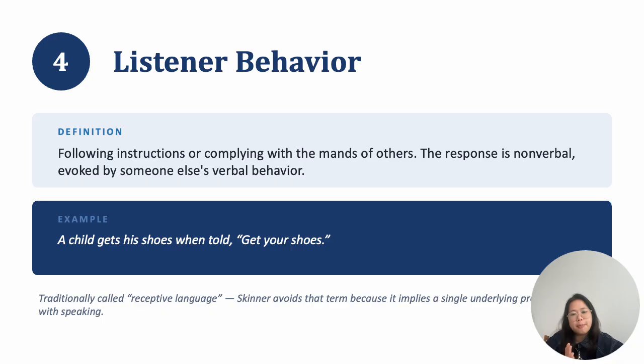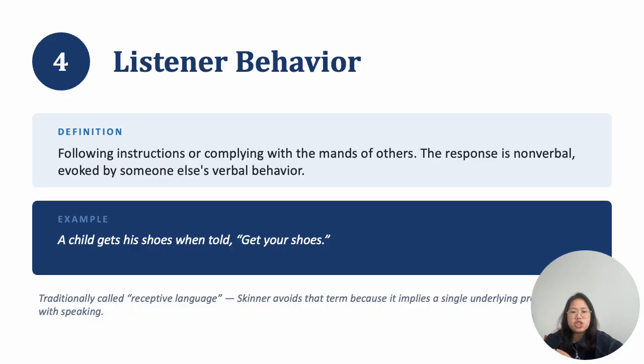And the fourth operant is listener behavior, or listener responding. It is like following instructions or complying with demands of others. Notice the response here is nonverbal because it's evoked by someone else's verbal behavior but doesn't have to involve any speech from the learner at all. Here is our example.